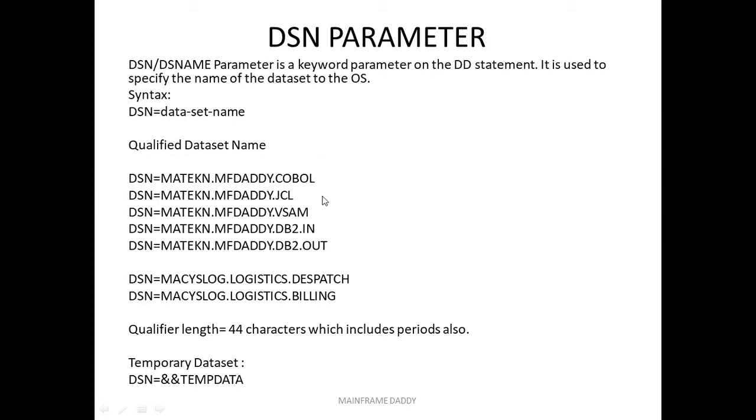In any project your dataset names may vary, and the first qualifier may be your id or project id. These are various examples which I am using for my dataset creations to teach you.